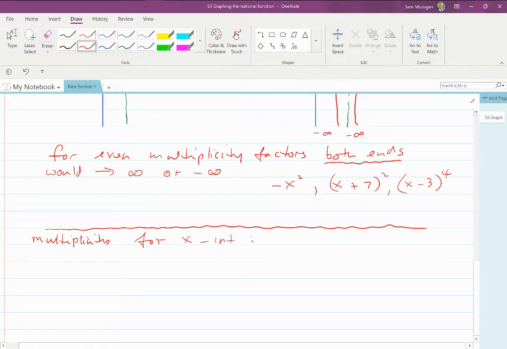If we had an even power, then the graph would touch, let's use 3 here just for clarification, touch at x is equal to 3. And if the graph had an odd power, it would cross.